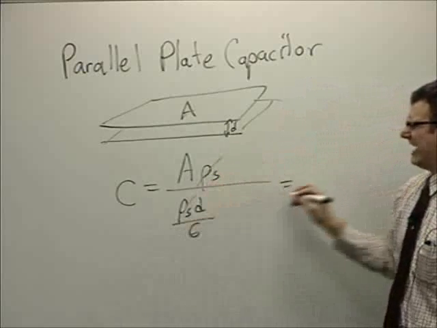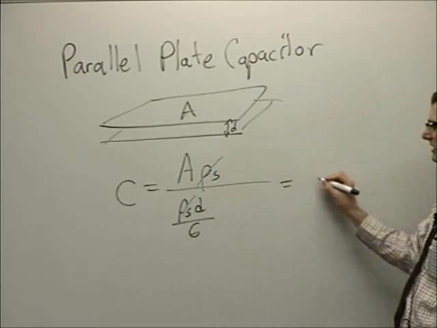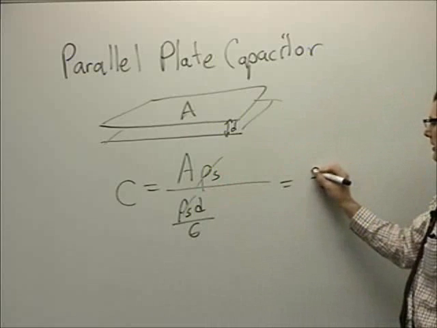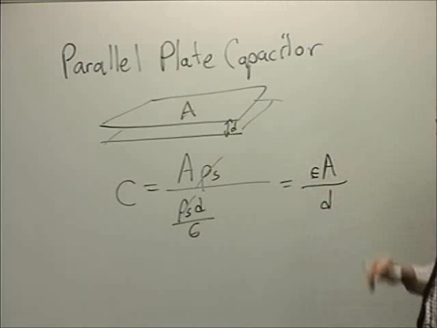The rho sub s's cancel, as they should, because this result should be independent of the charge density. And what you get is epsilon times the area divided by separation distance.